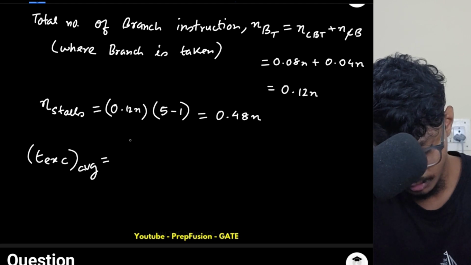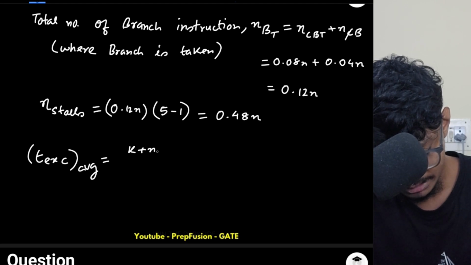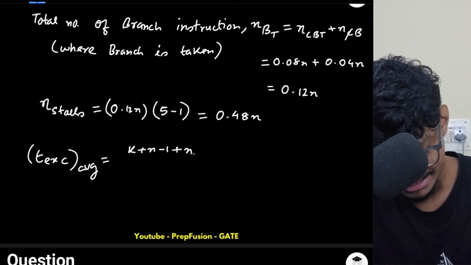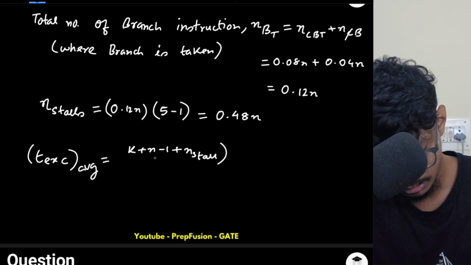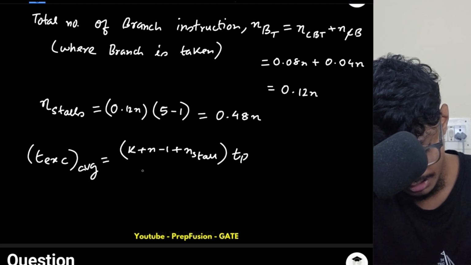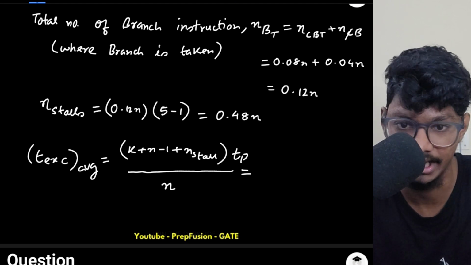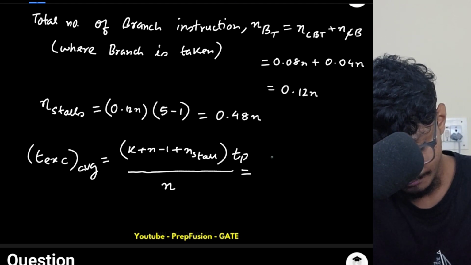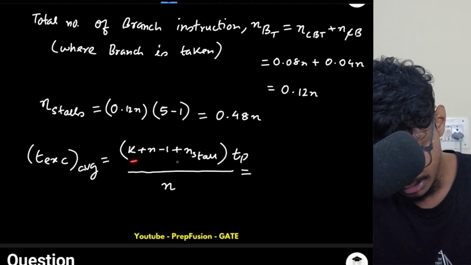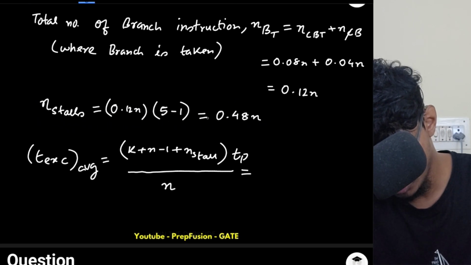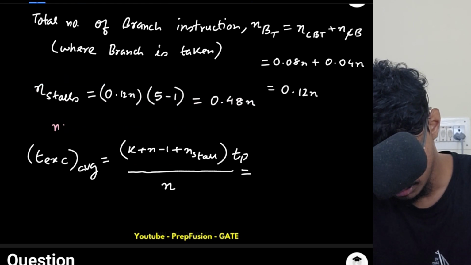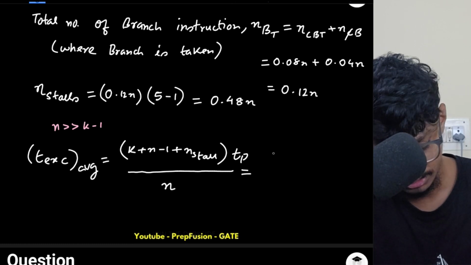So this will be equal to (K + N - 1 + N stalls) into TP divided by the total number of instructions, that is N. We started with N, right? So again, I can ignore K minus 1 as N. I will assume my N to be very large, much larger than K minus 1, so obviously I can ignore this.